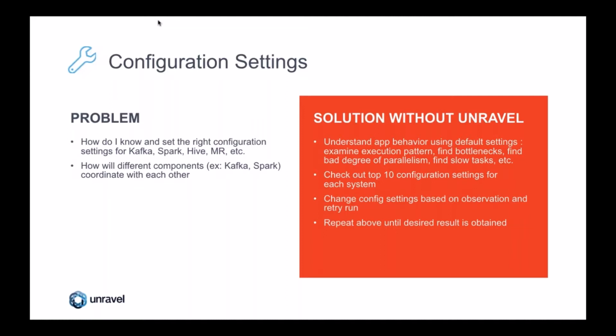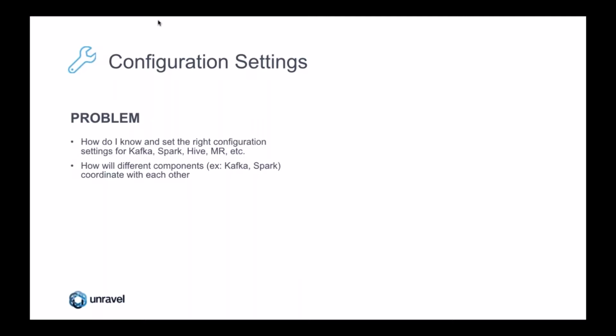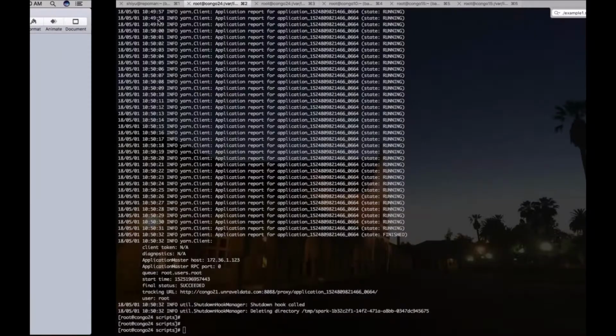Not to mention, this gets even more complicated because you are running in a production environment where things are changing constantly and applications are taking resources and giving resources away. So a lot of these factors will slow you further in truly getting to the proper configuration settings for that application. Now, I want to show you how configuration settings problems can be resolved using Unravel.